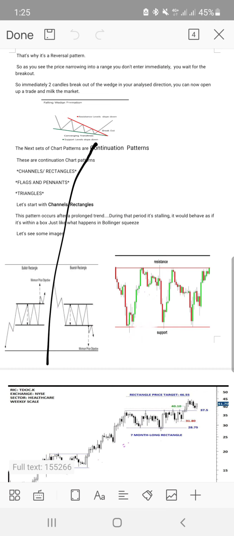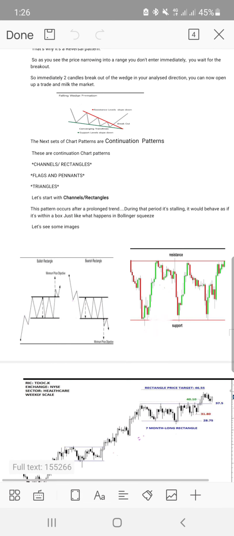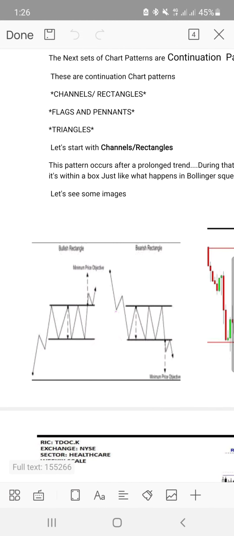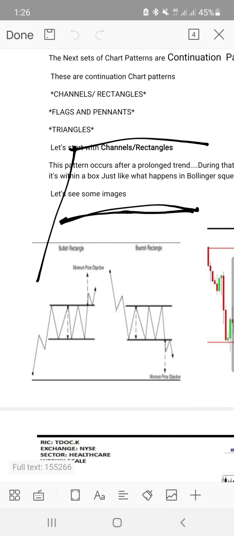So now in this case, let's say the market has been buying for some time. Now, that period where the market is resting, in this case for channels and rectangles, as you can see in this diagram here, is when price has rallied up for some time and it begins to range in a rectangular range. It went up, came down, went up, came down.